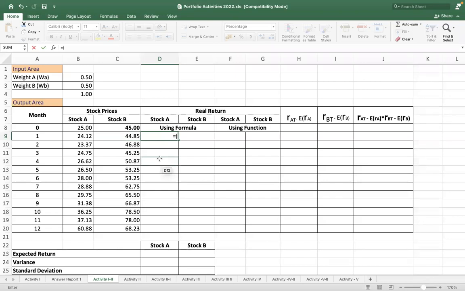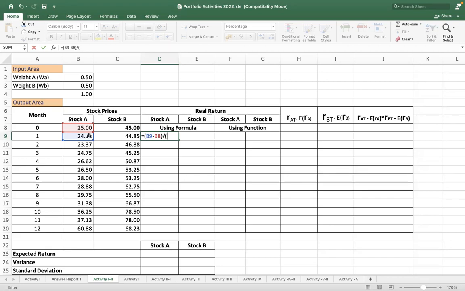Then let's apply it. First we calculate the return for the first month. Today's price minus the previous price, divided by the average price, right?